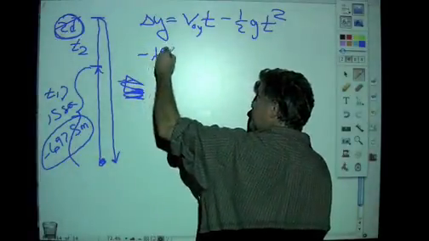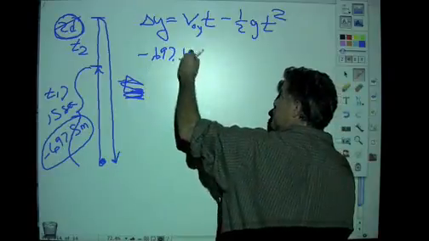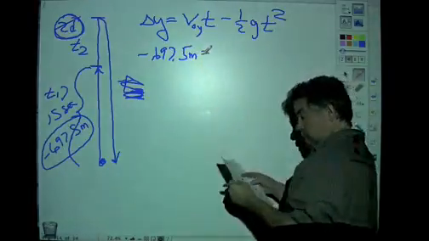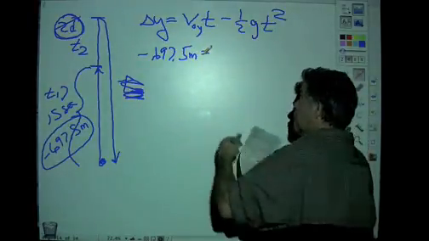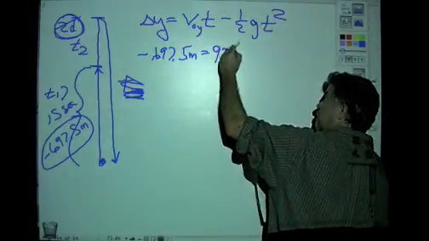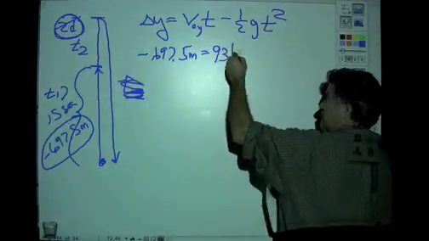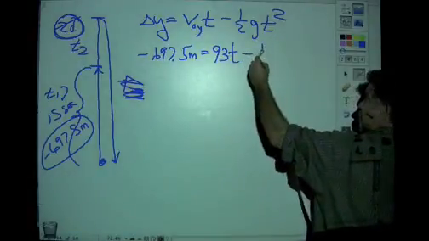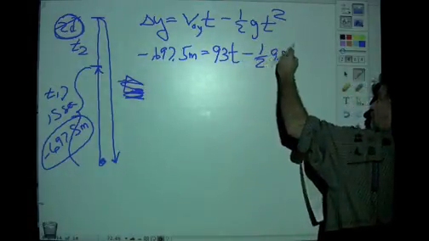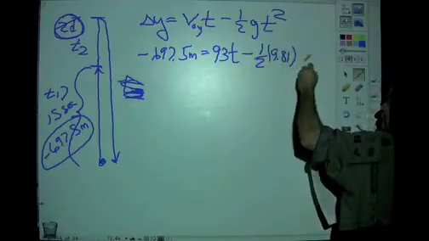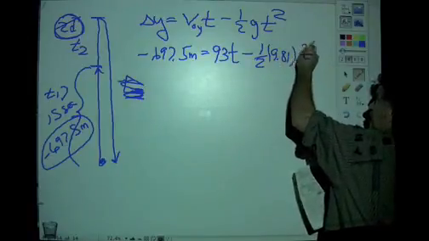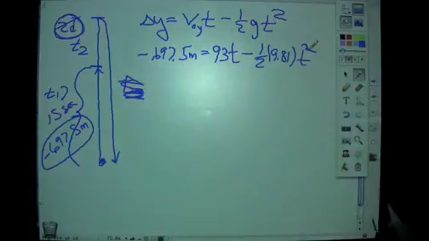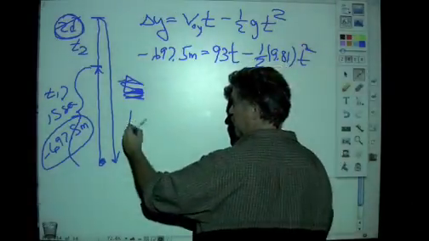Negative 697.5 meters equals 93t minus 1/2 times 9.81 times t squared. We're going to ignore my units because I'm going to run out of room. So now it's quadratic formula time, right? So now you take your blue mirror quadratic formula and we'll just go through and plug in.